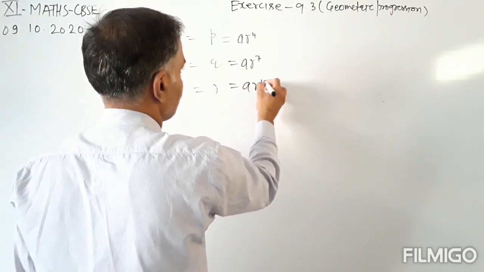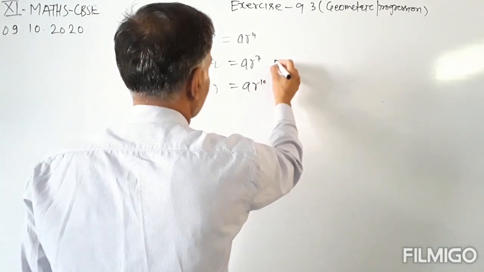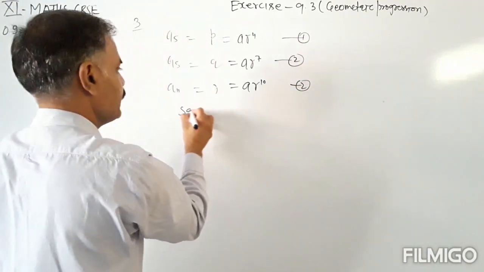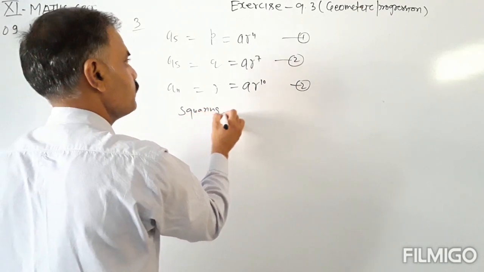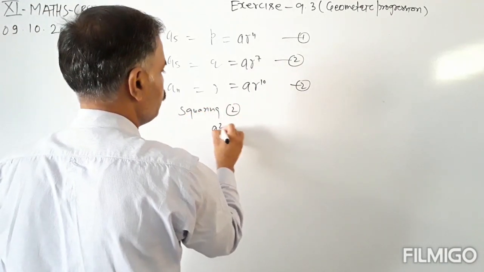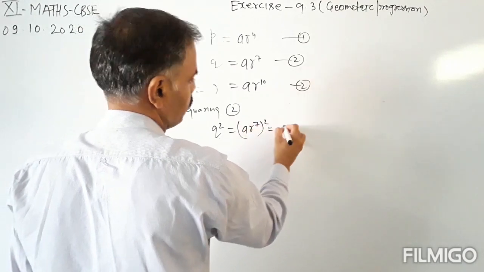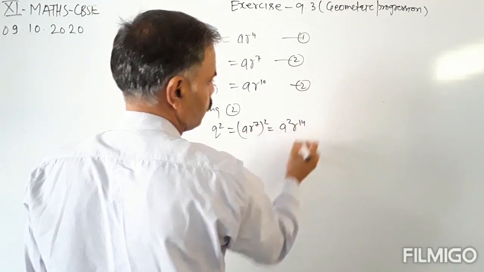Okay, squaring the second term, we will have Q square equals AR to the power 7 whole square, equals A square R to the power 14.